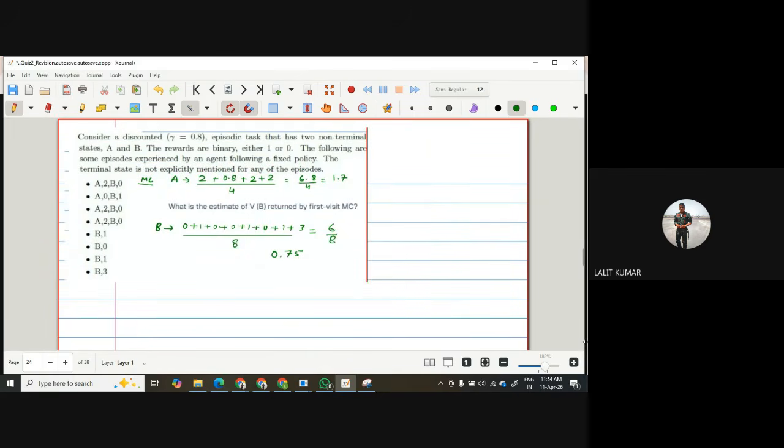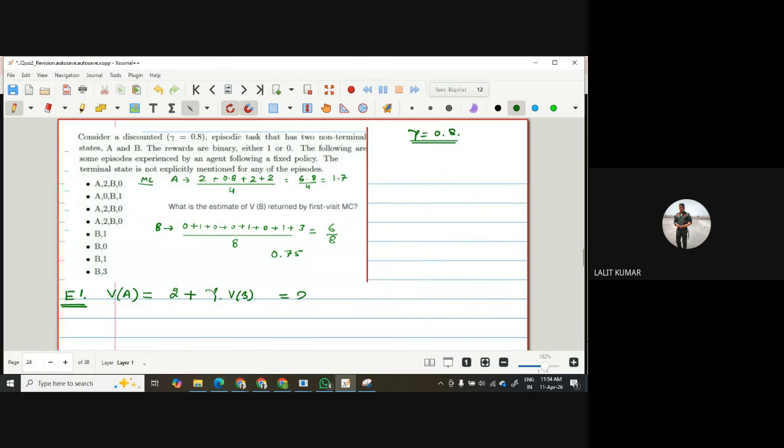Okay, so let's do it for MC. So here remember gamma is equal to 0.8. For episode 1, value of A is equal to reward of 2 plus gamma into value of B, which is 0.